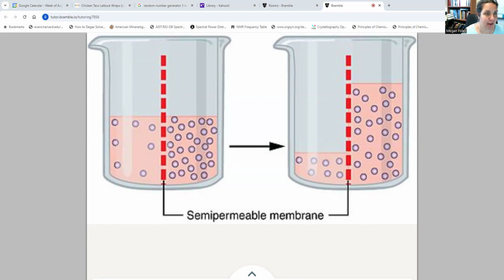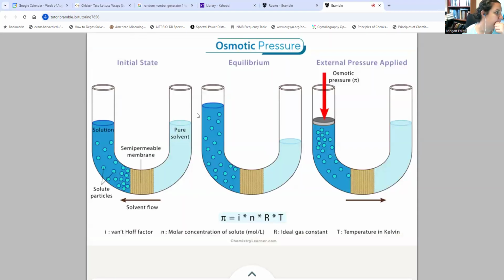I usually kind of think about it in terms of applying a pressure. I usually think about a U-tube. So the solvent will go across the semipermeable membrane, moving towards the side with more solute particles.